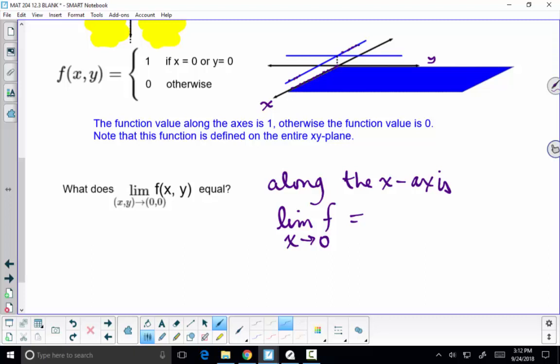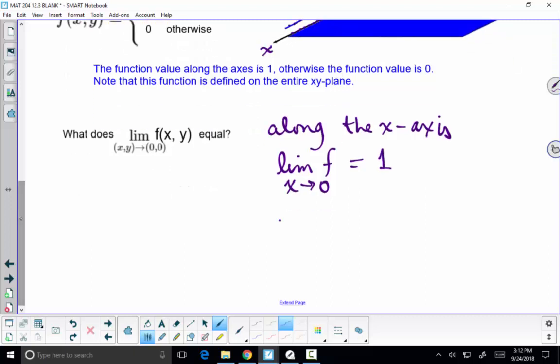So definitely the limit, if we come along the x-axis, is 1. Similarly, like you said, the limit as y goes to 0 is also going to be 1. We do x, y. So this one is along the y-axis. This one is along the x-axis.